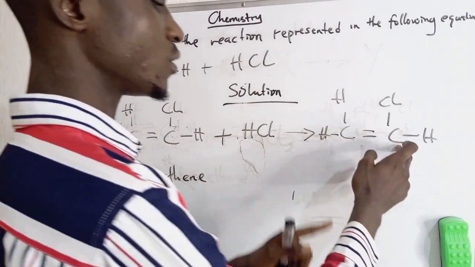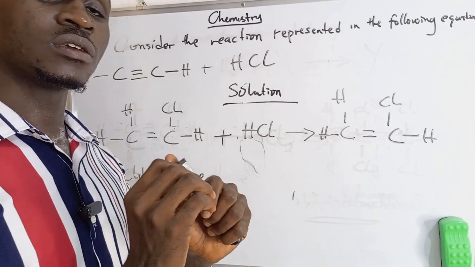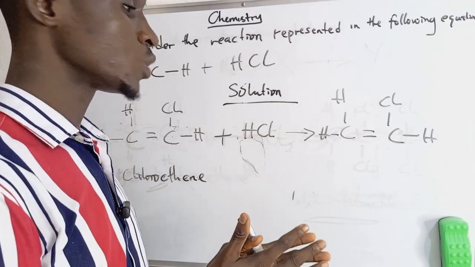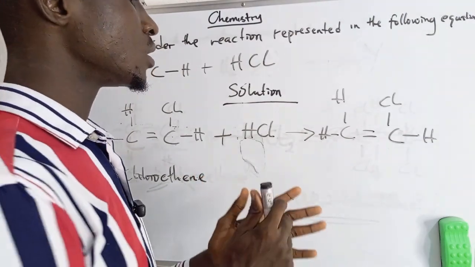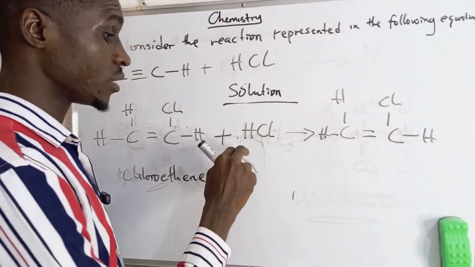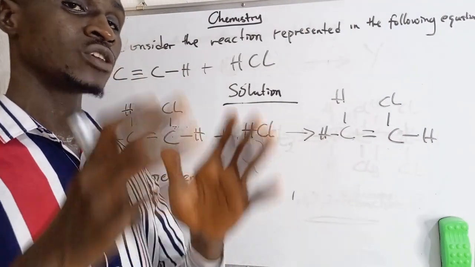Then you have chlorine on the first carbon and also on the second carbon. This will be going against a law which we call the Markovnikov rule, that says that in adding a hydrogen halide, you must make sure that the halide is on the same carbon.